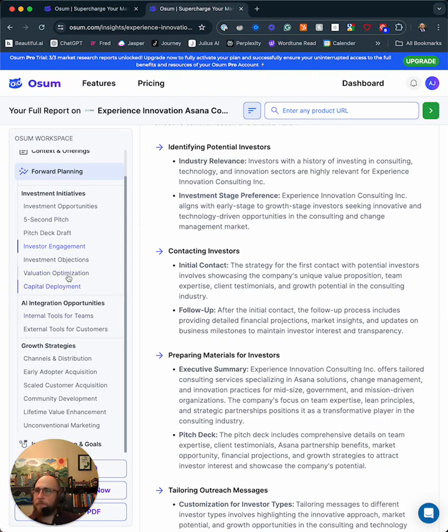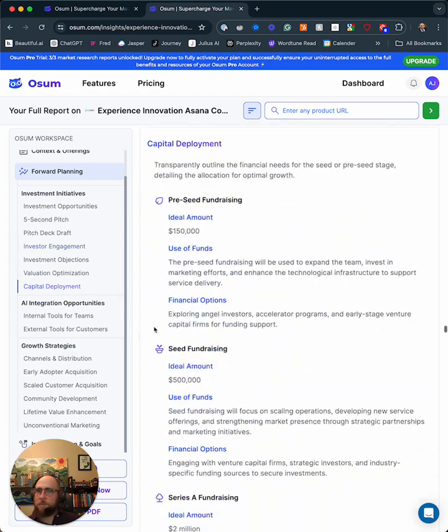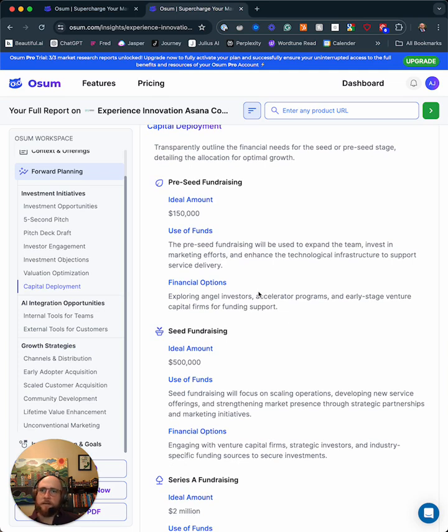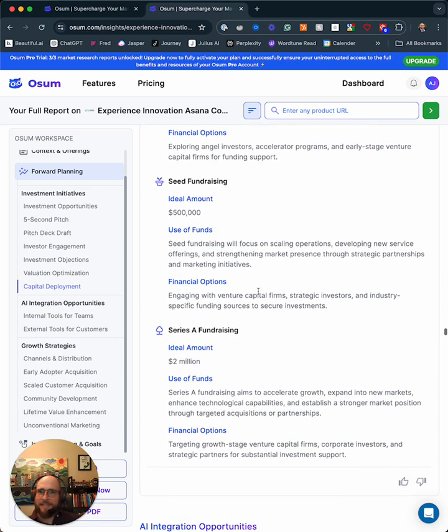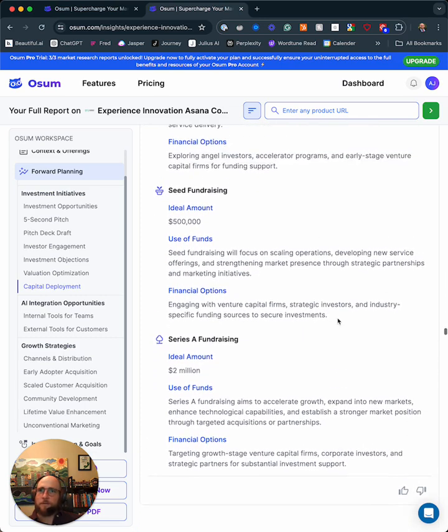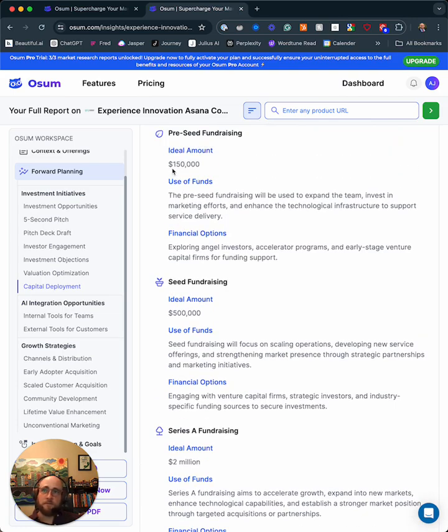From there, I did want to also just look at capital deployment. These started to get a little bit interesting, right? I looked at what are the different options that it presented. As someone who's previously raised capital, I'd be aligned with these. My only concern, I guess, is 150,000 goes fast, right?